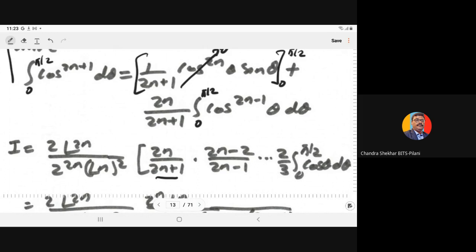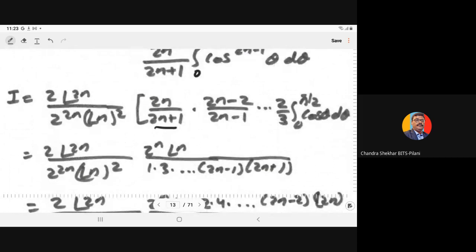The integral of cos theta you know, right? So when we put the limit, you have 2 into factorial of 2n upon 2 to power 2n factorial of n whole square. Now from the numerator, please see if there is one adjustment. In the numerator, if you take this 2 common from all the multiples, we have 2 to power n.